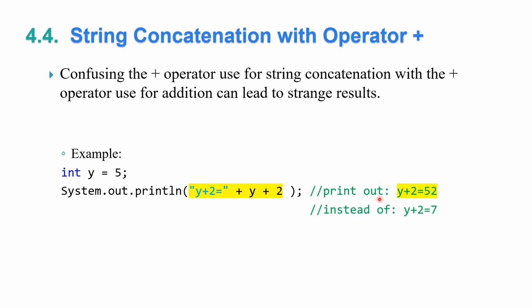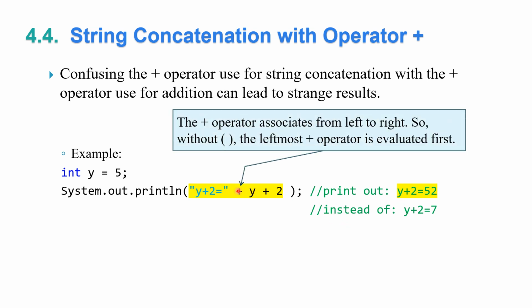To explain this strange result, recall that the plus operator associates from left to right. This means that in an expression with two plus operators without parentheses, the leftmost plus operator is evaluated first. So in this expression, first the value of y is concatenated to the string "y plus 2 equals", resulting in the string "y plus 2 equals 5".